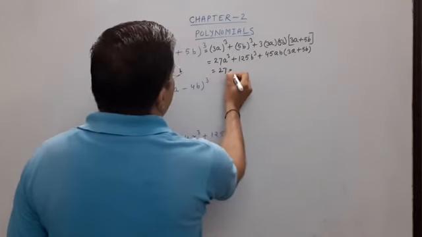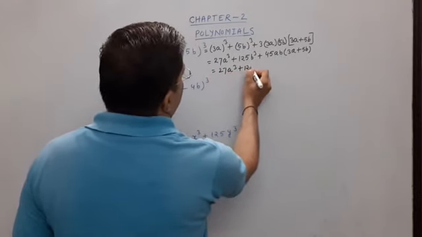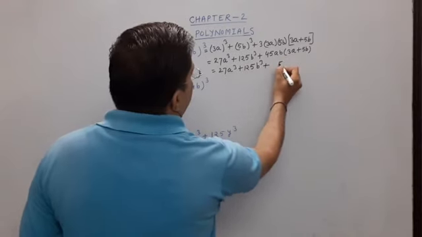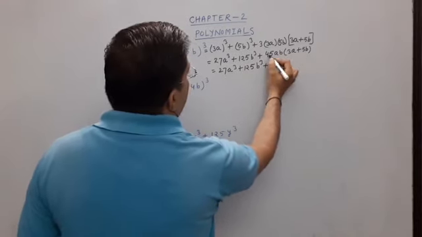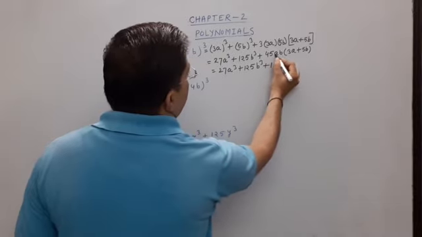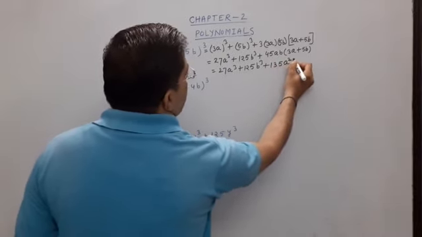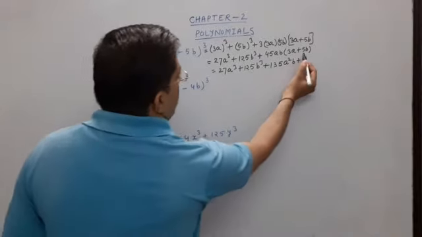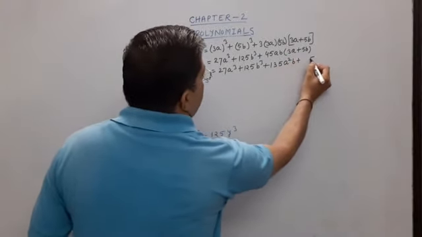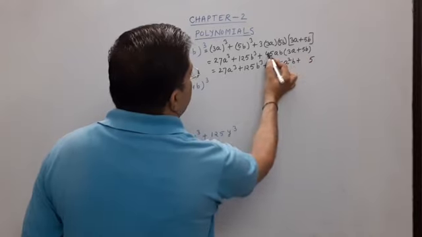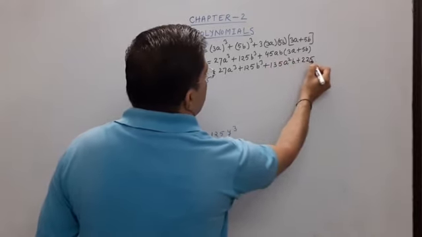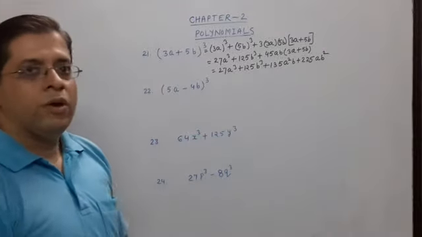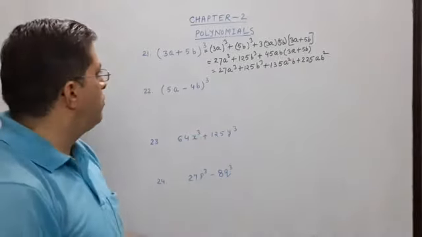See here, 27a cube plus 125b cube plus 5 threes are 15, 15 times 9 is 135a square b. Okay, one more is left. 5 fives are 25, 25 times 3 is 75... 5 fives are 25, 25 times 2 is 50 ab square. Okay, like this way you can solve.